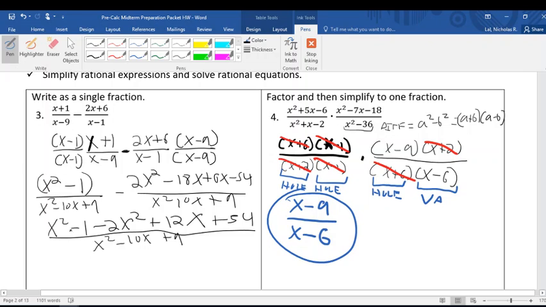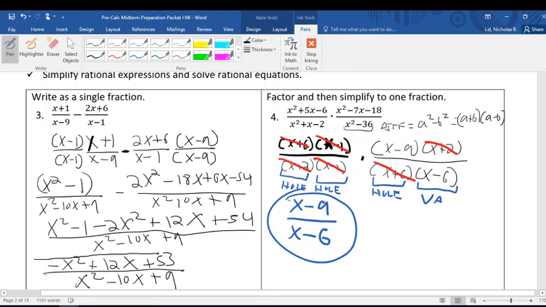So lastly, we can simplify terms. x squared minus 2x squared is negative x squared plus 12x plus 54 minus 1 is plus 53, over x squared minus 10x plus 9.